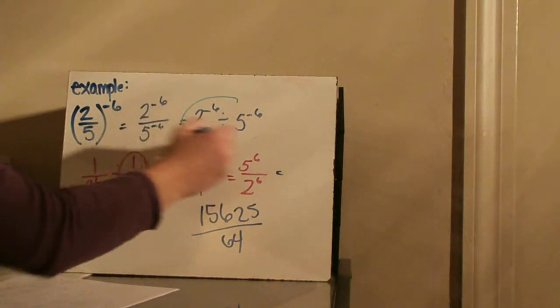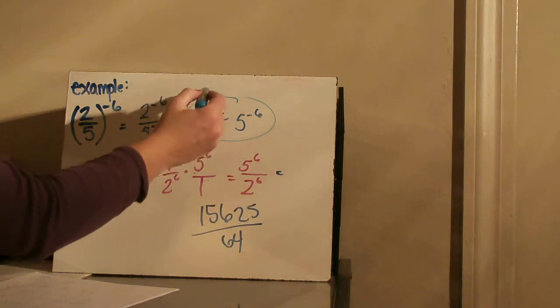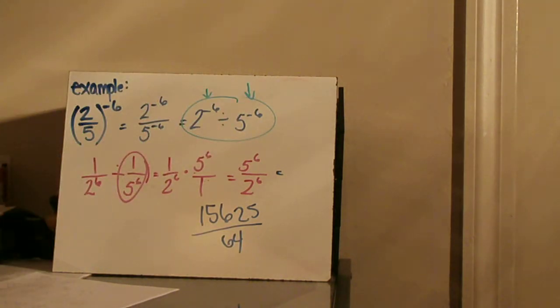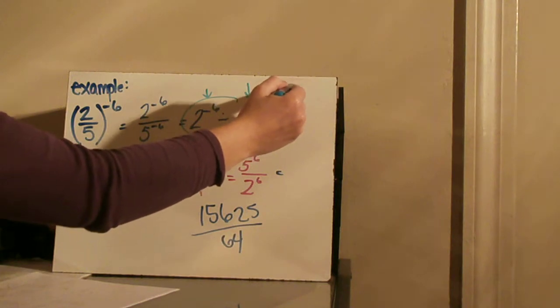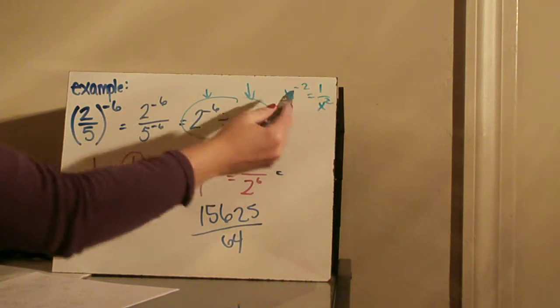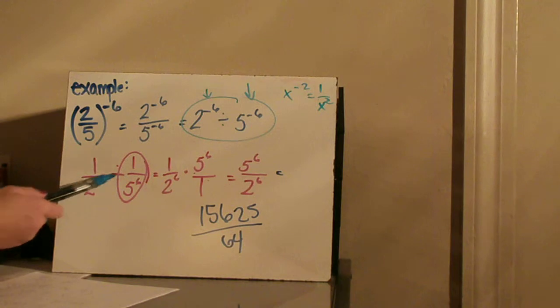Here, I just rewrote it horizontally so that I could see that this needed to be simplified using our rule from a previous video. So now I've rewritten these simplified: 1 over 2 to the 6 divided by 1 over 5 to the 6.